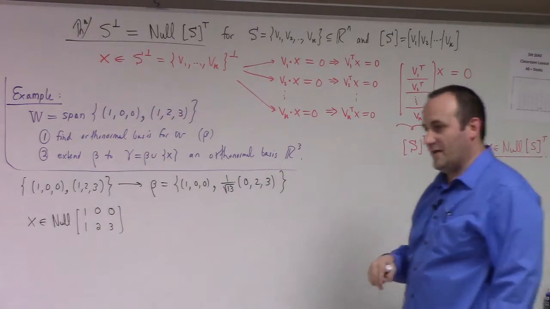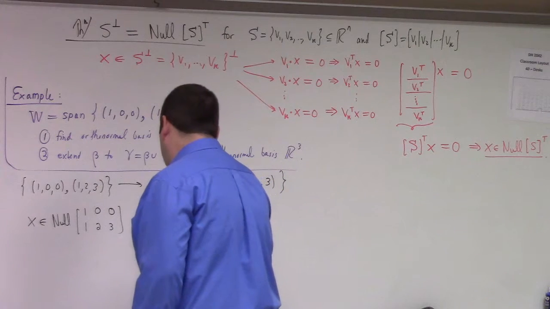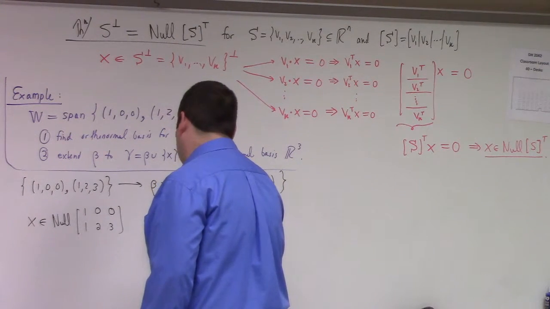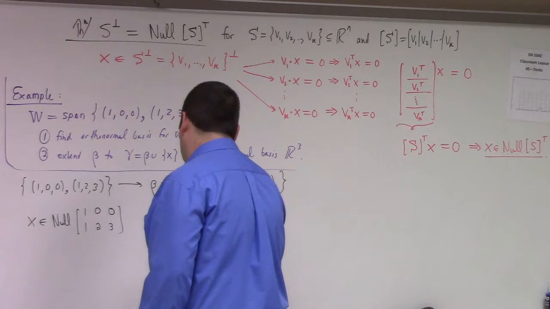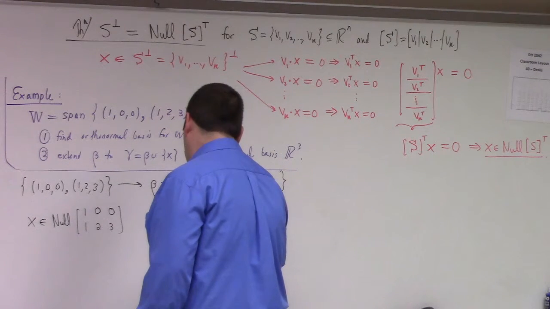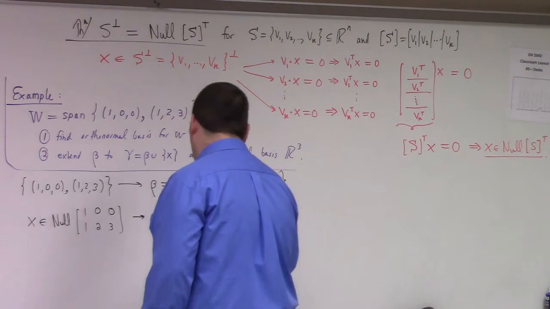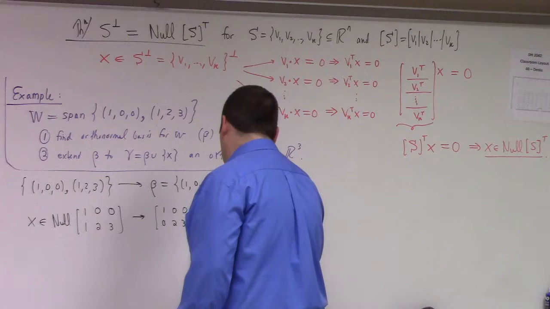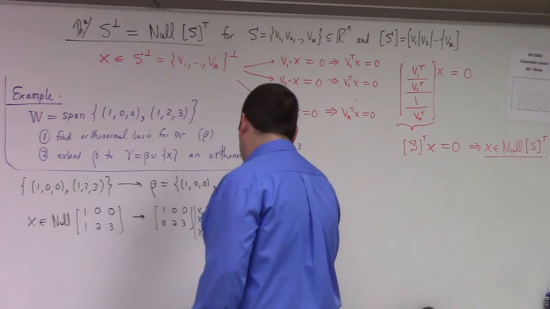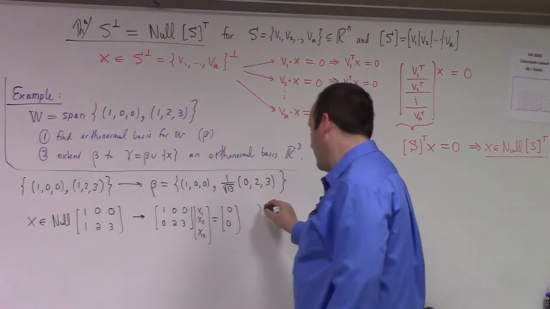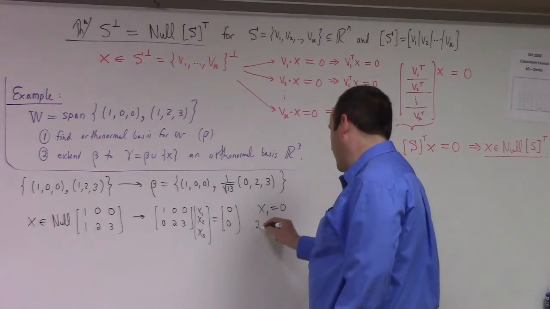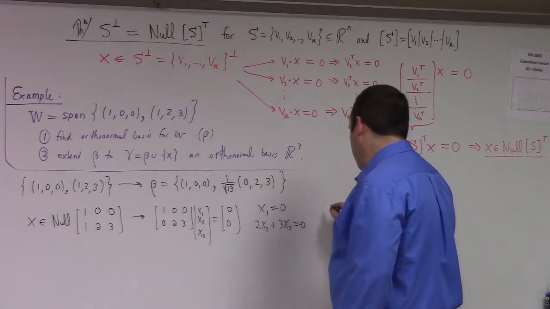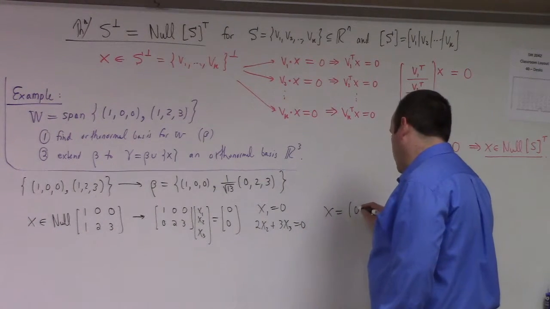So I solve that. Well, that's the same as (1, 0, 0) and (0, 2, 3), right? And so if I have that times (x1, x2, x3) equals 0, I've got x1 equals 0. I've got 2x2 plus 3x3 equals 0.